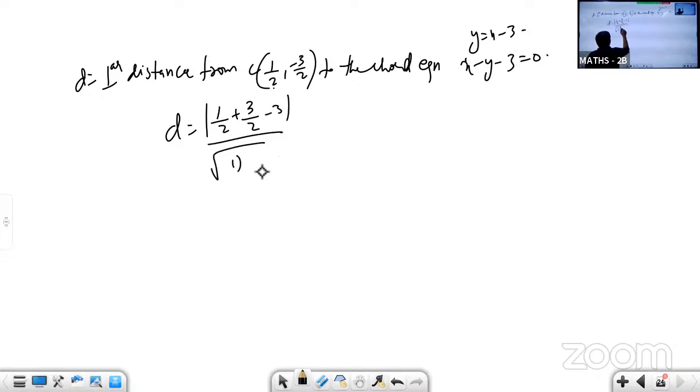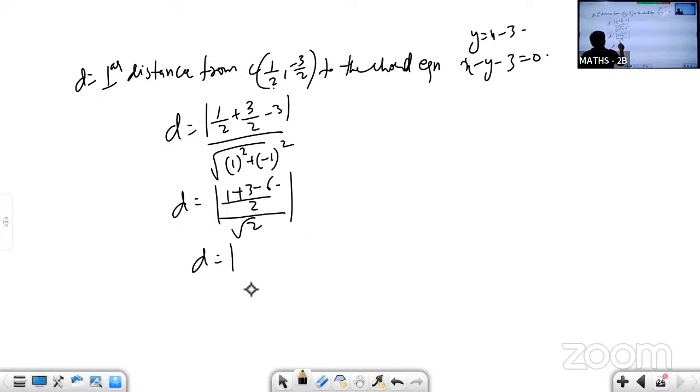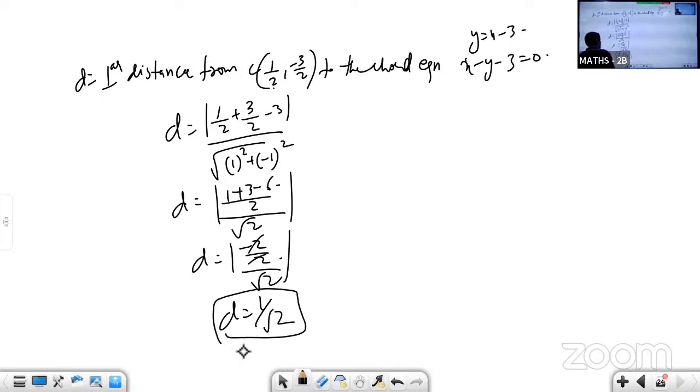Take LCM: 1 plus 3 minus 6 by 2, divided by root 2. 3 plus 1 is 4, 4 minus 6 is minus 2. 2 gets cancelled, 1 by root 2. Because of the modulus, the minus is gone.